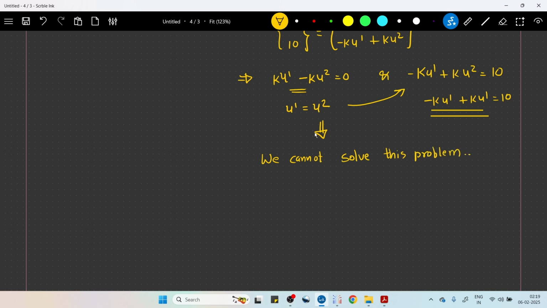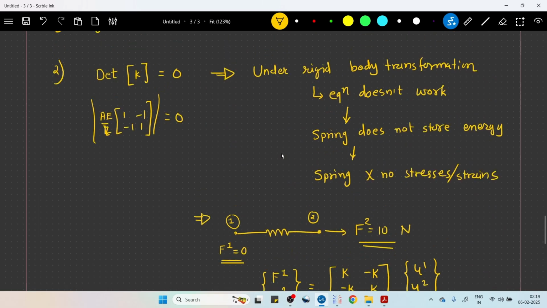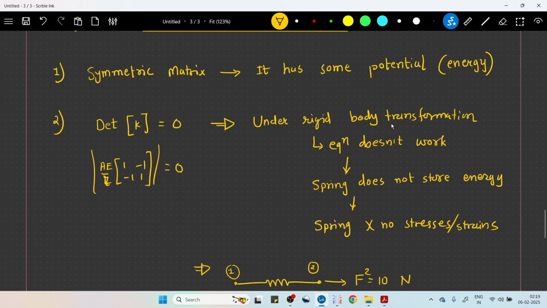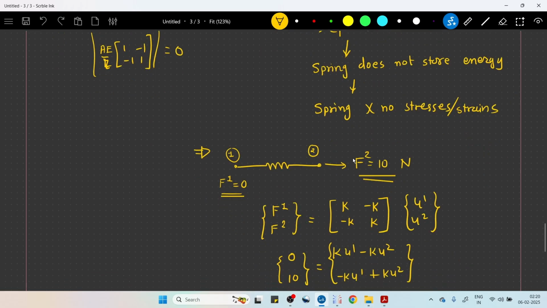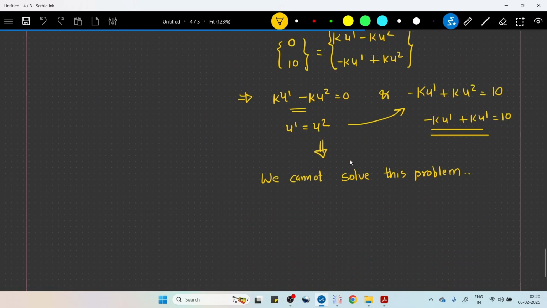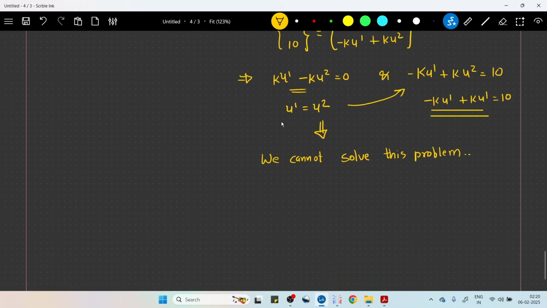What we said earlier is that under rigid body transformation this equation doesn't work. That means the spring doesn't store any energy and we don't get any stresses or strains. So we can say this is a rigid body transformation, U1 is equal to U2, and we cannot solve this problem.